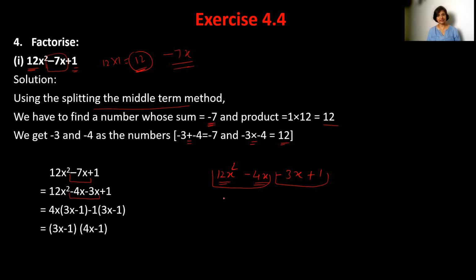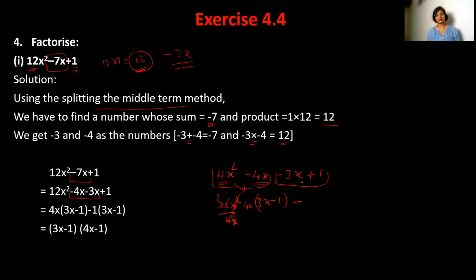Dividing 12x square by 4x gives 3x. So we get 4x into 3x minus 1, because 4x is the common factor. Then minus 3x minus 1, where we got 3x minus 1 in one bracket.